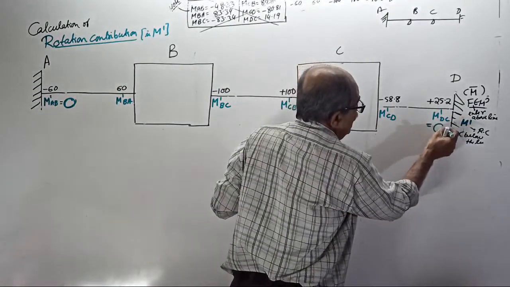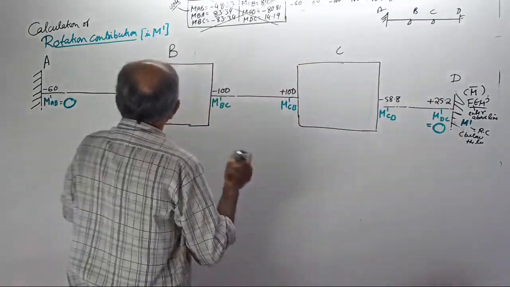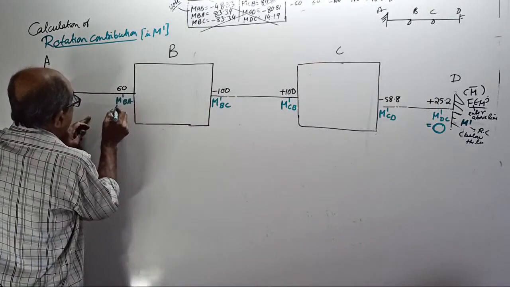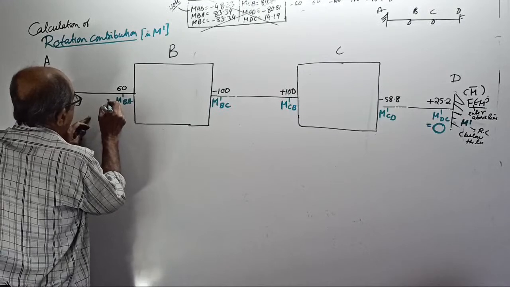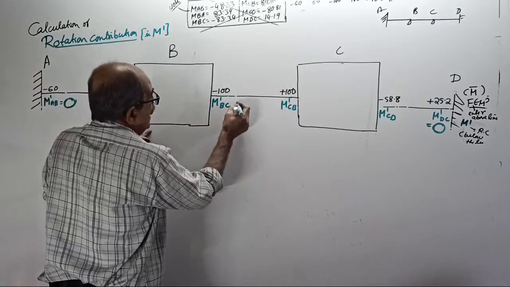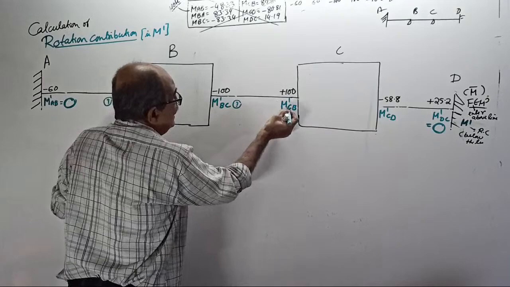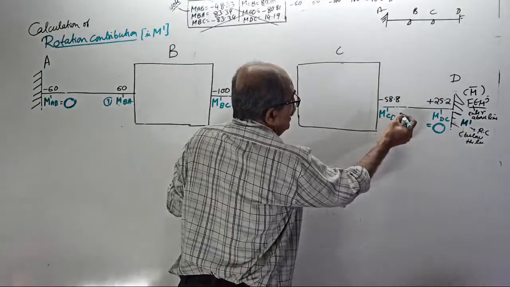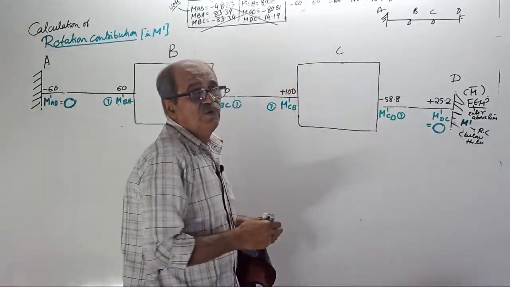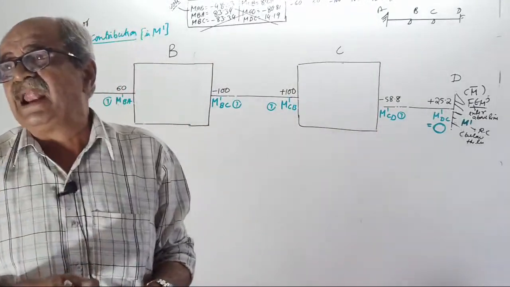Equal to 0. Clear? Therefore, now you need M dash BA to be calculated. You have to calculate M dash BC, M dash CB, and M dash CD. Fully clear? This is your calculation.